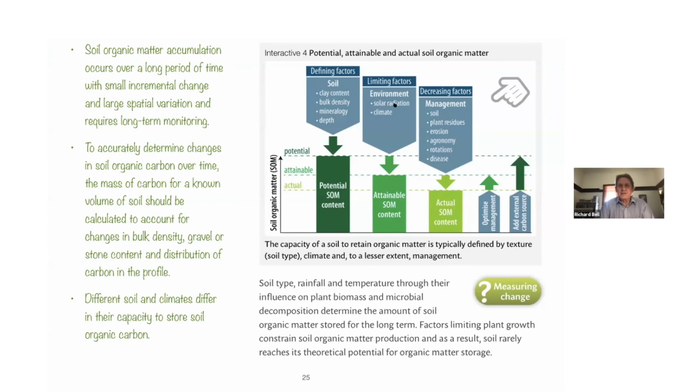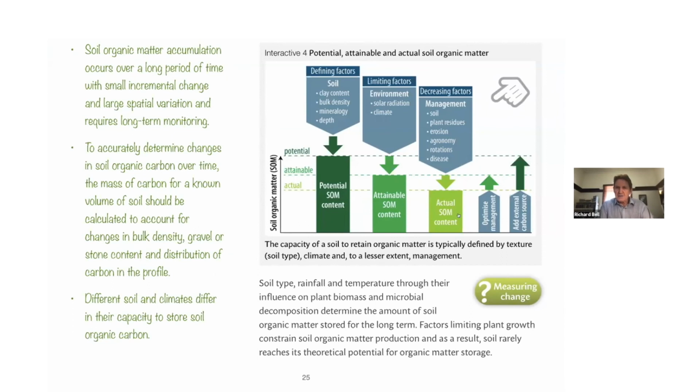So it's about the radiation, the temperature, the rainfall. And then the potential organic matter content is what you could hold in that soil based on its clay content, its bulk density, its mineralogy, and its depth.